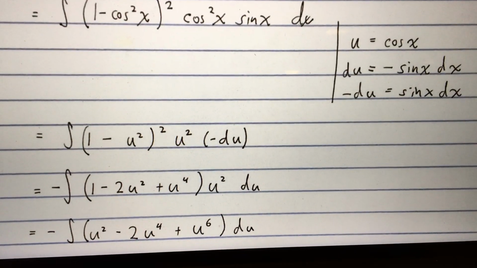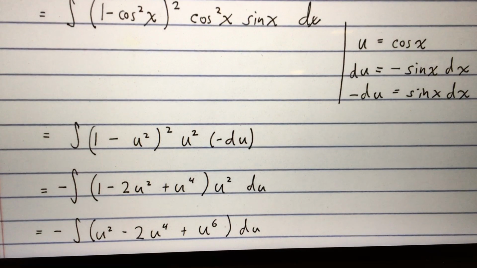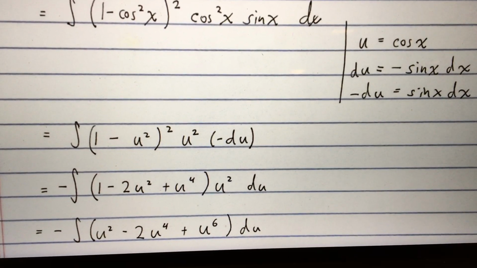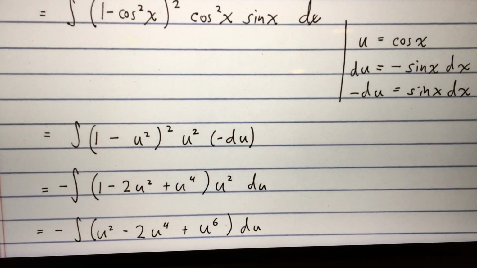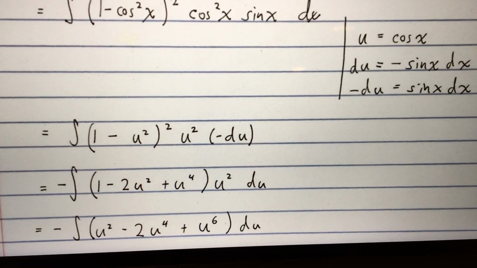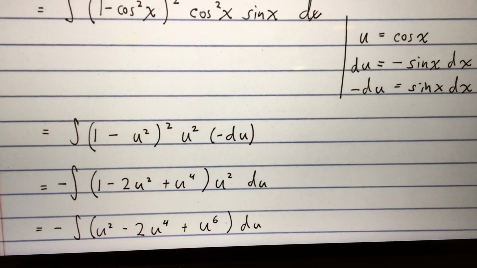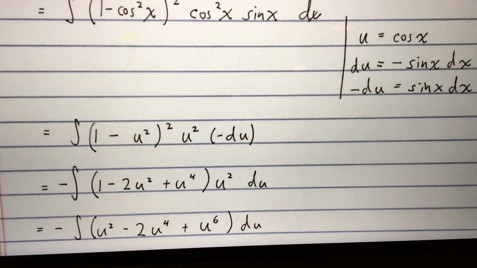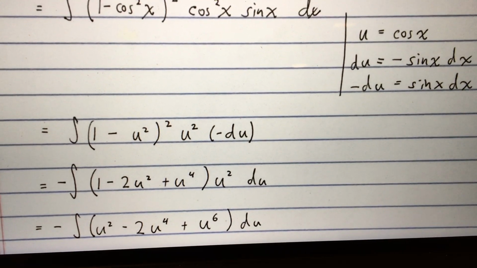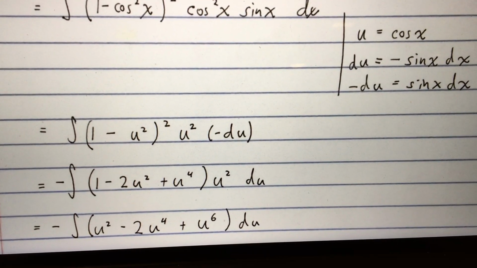Now I have to work it out. It becomes just a polynomial of u's, but I do have to do FOIL on that first part. So I'll have 1 minus u squared from the inner and outer, giving me 1 minus 2u squared plus u squared squared, or u to the 4th, all times u squared. And I took the extra minus and moved it out front for later.